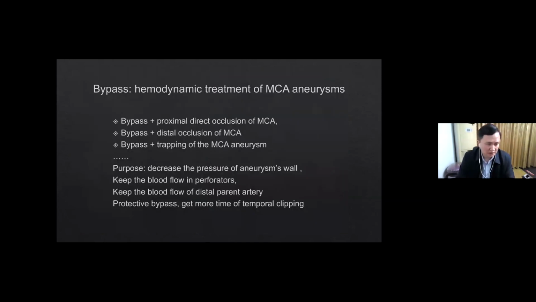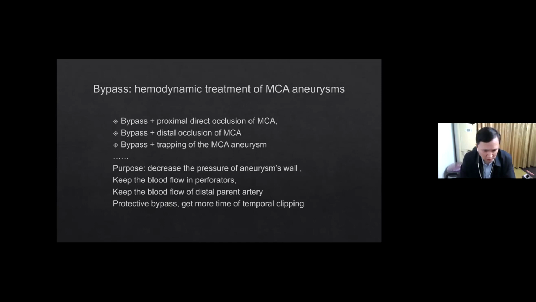So bypass is a hemodynamic treatment of MCA aneurysms, normally combined with other procedures, like bypass combined with proximal direct occlusion of the MCA. If the vessel wall is quite thick, we can consider distal occlusion of the MCA. The bypass can also be combined with trapping of the MCA aneurysm.